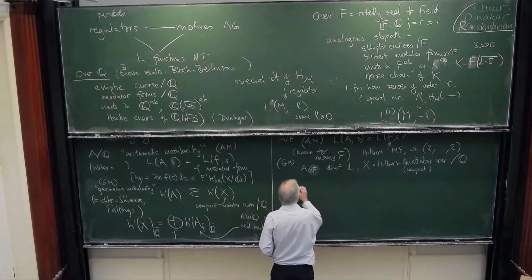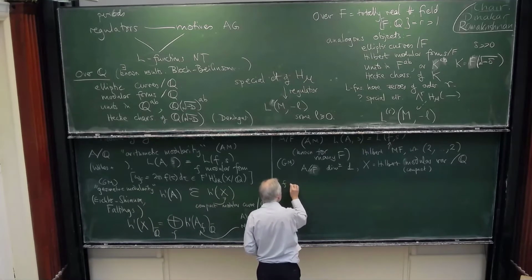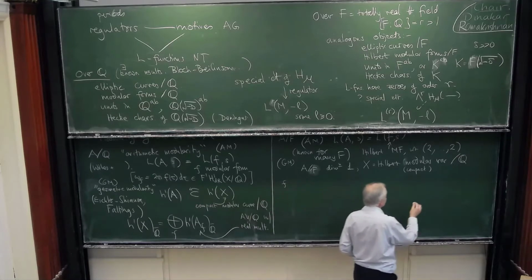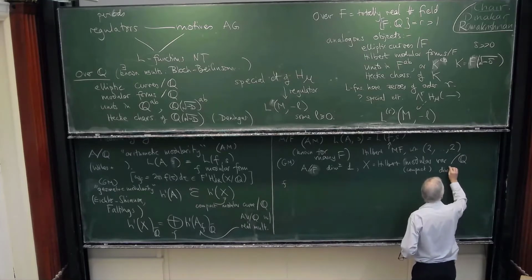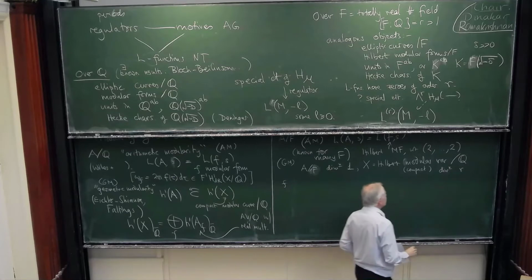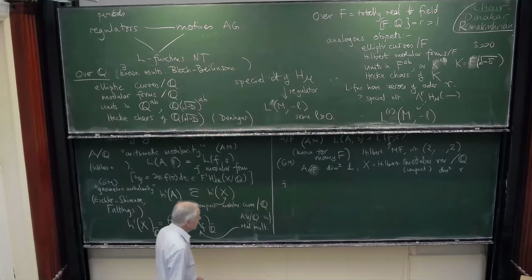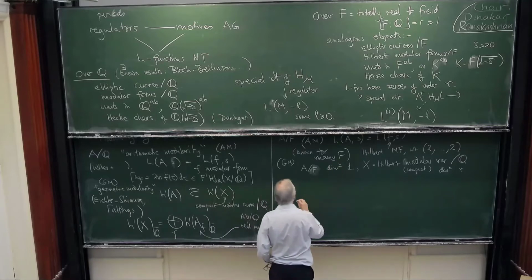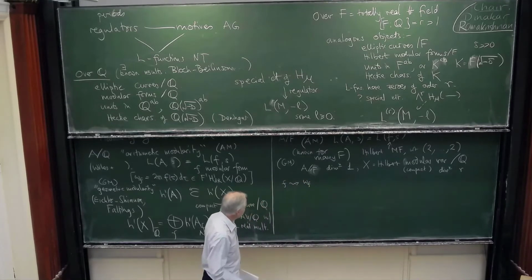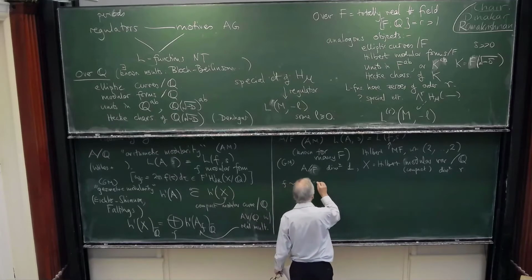Now, if we take our F here, that's of dimension R. Yes, it's a dimension R. So now if we take our F here, up there, then that gives rise to an R-form.